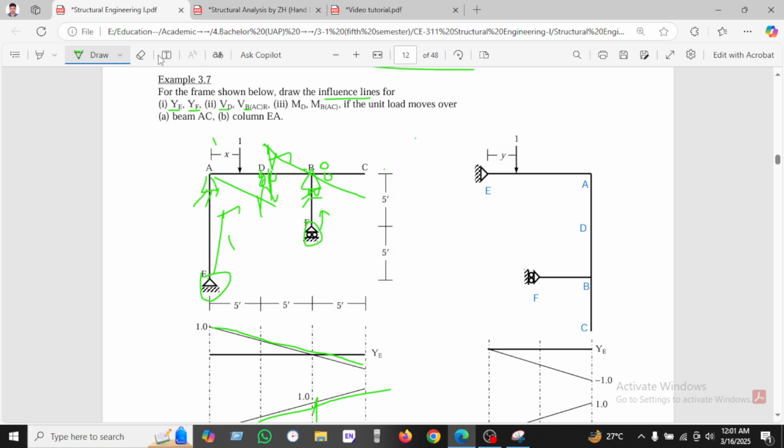So if you calculate here, I'm just erasing here. As it is a frame, the support will act here, and this support will act here. So we are just taking B here. There are two supports acting here, so it will act as a fixed support.